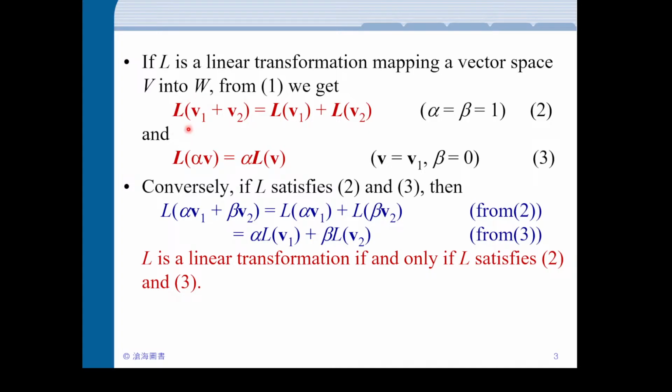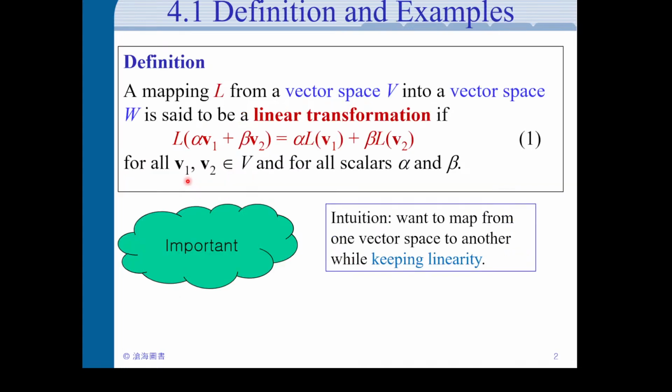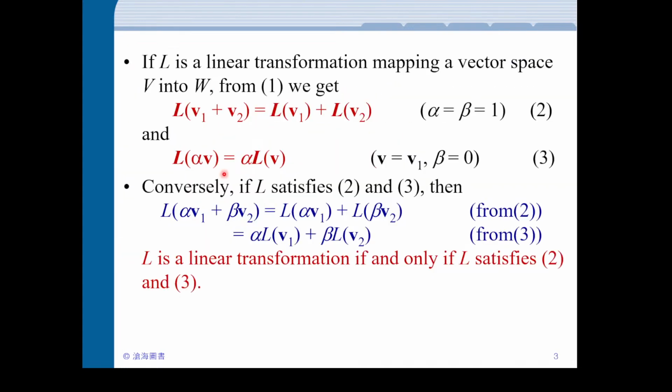This linear map respects addition: the map of the addition is the addition of the maps. It also respects scalar multiplication: if you do scalar multiplication on your input, you have the same scalar multiplication on your output of this map. So you can write those two conditions or this one condition. They are equivalent, pretty easy to show. And this is called a linear transformation.